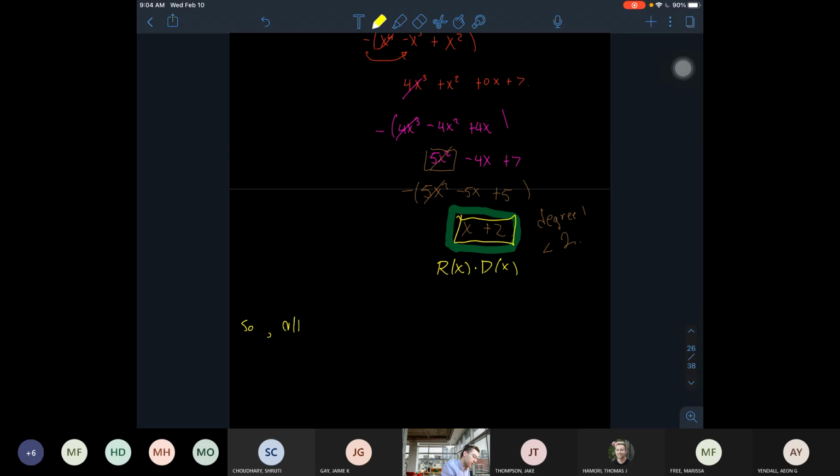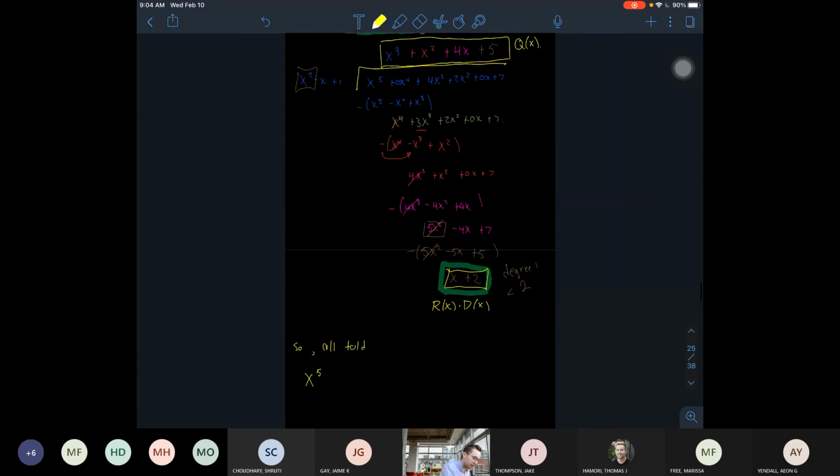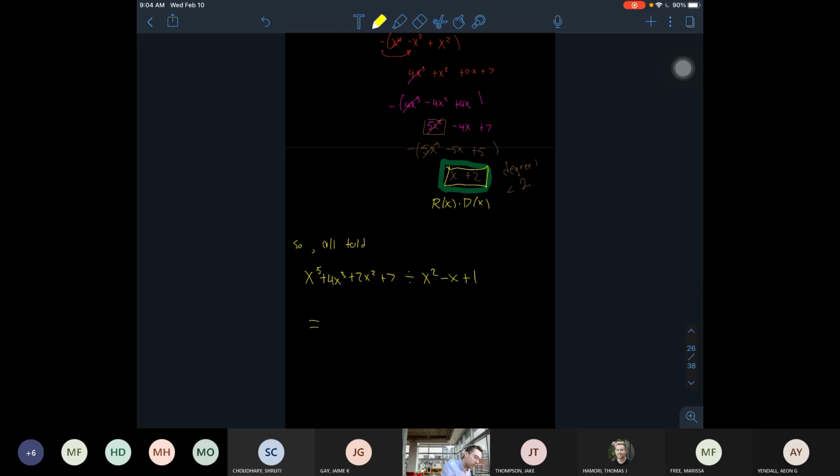So all told, what do we start with? x to the 5th plus 4x cubed plus 2x squared plus 7 divided by x squared minus x plus 1 should be equal to q of x plus r of x.